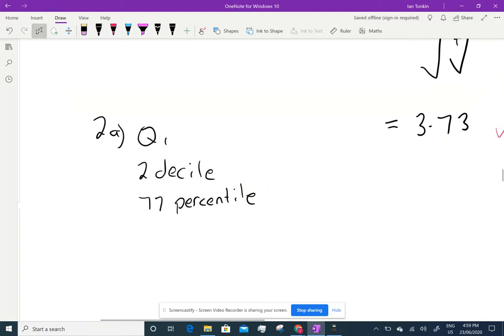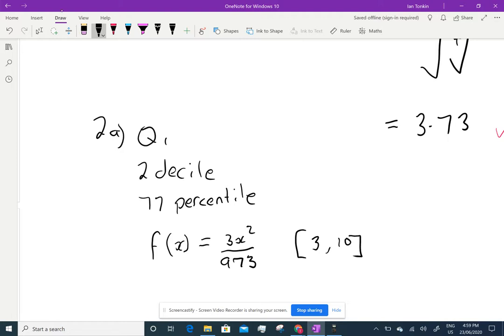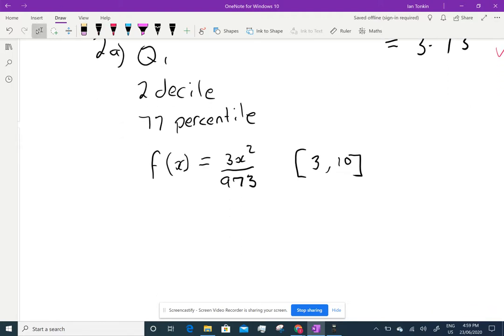And my probability density function, f of x, equals 3x squared on 973, for a domain between 3 and 10. So all my answers have to be between 3 and 10 for those three.